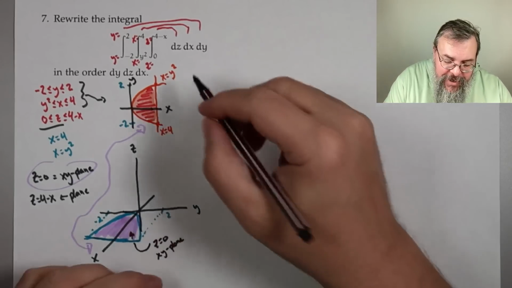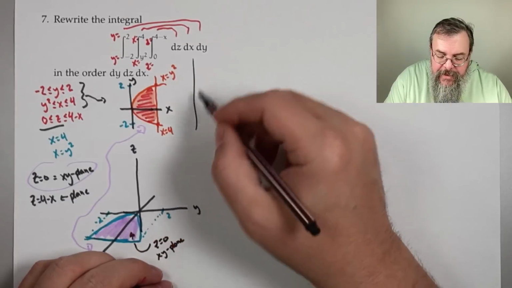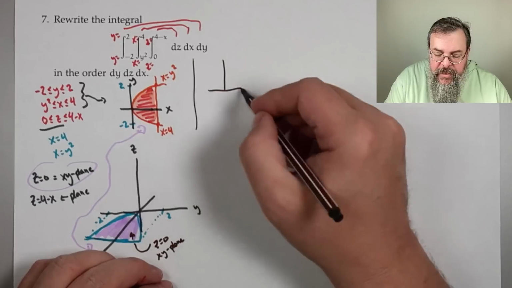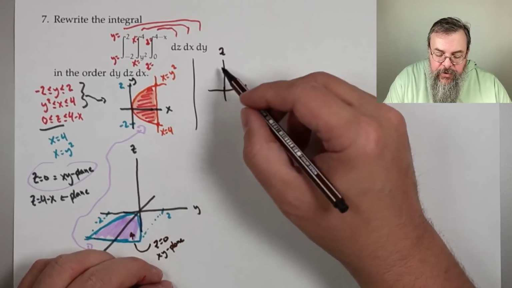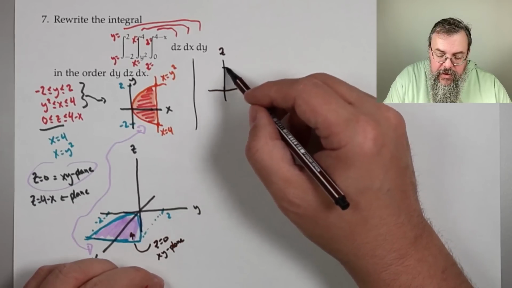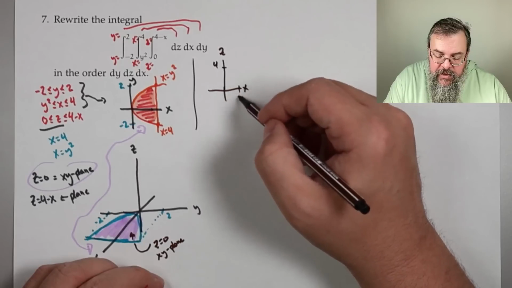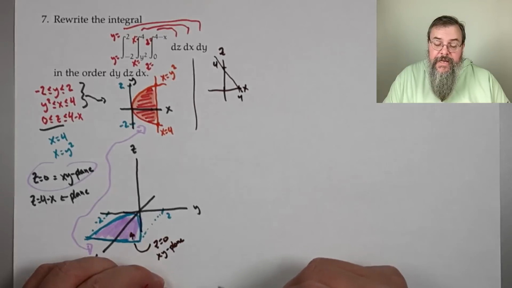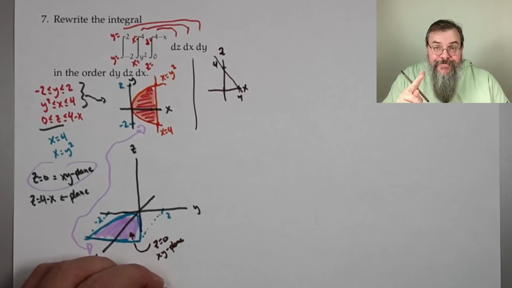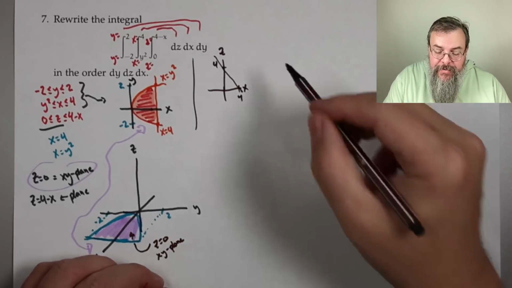Now, if you think about it for a second, I'm going to sketch a picture over here. So if we just had x and z, z equals 4 minus x would say, well, you intersect here at 4, you intersect here at 4, and you have a line. That's what it would look like if we were just two-dimensional. But we're not just two-dimensional, we're three-dimensional.